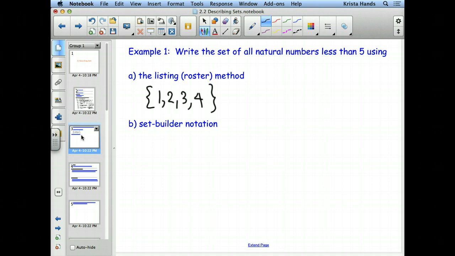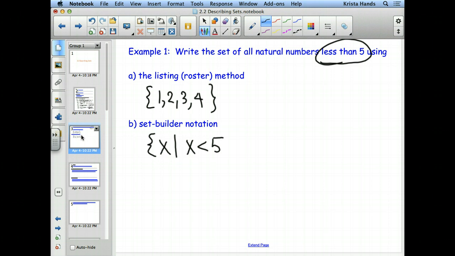Okay, so set builder notation starts with a curly brace, and it starts with an X and a bar. Let me get it all written out, and then I'll describe to you what this is actually saying in terms of math talk, okay? The next thing it's going to tell you is that X is less than 5, because that's what it said. I actually have to do that symbol, X less than 5, but that's a symbol you guys know, so that's not a problem.